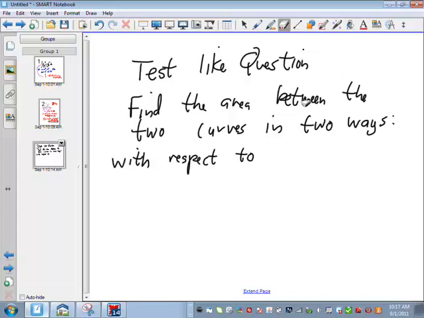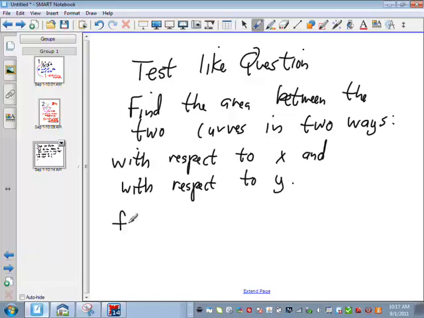This is a test question. Period. See, I could trust her in Calc 1. I'd say test question number, and she would just say it for me. With respect to x and with respect to y. Right, and here are the functions.